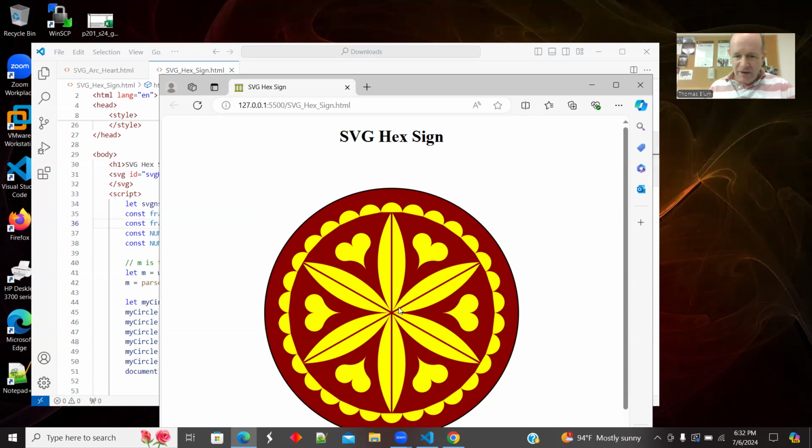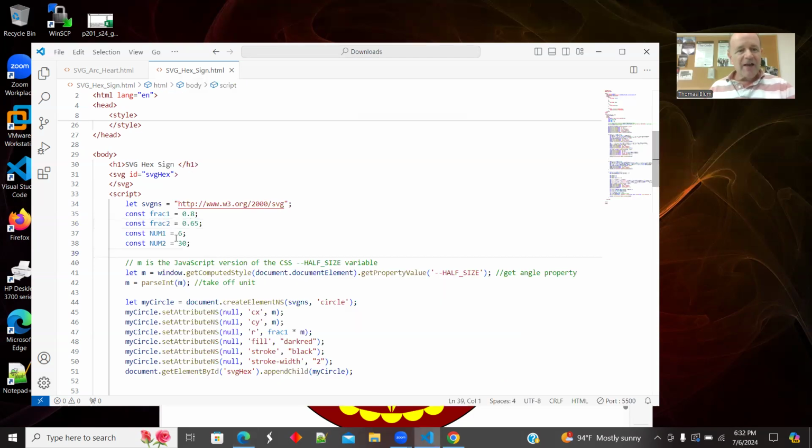But I am using this radii of these sort of flower petals, and that is this 0.65, and I multiply it by my reference M. And speaking of M, I am getting the M, which is the JavaScript version of that half size parameter that was established in the style.